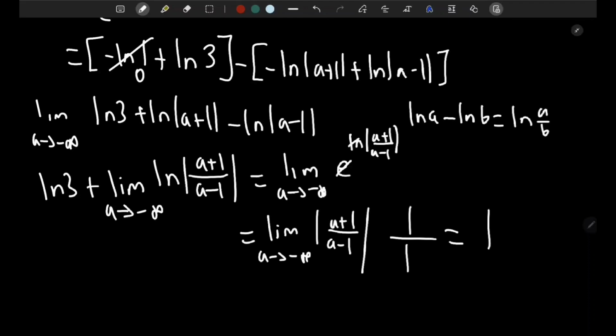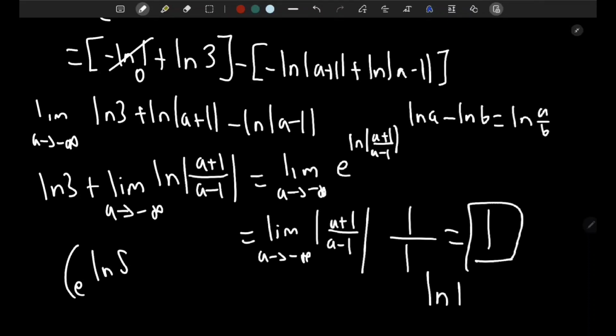And now you need to be very careful. Since we introduced an e here to cancel out the ln, we again need to add an ln to balance that e. So the 1 here is actually ln of 1. The way to think about this is, let's say we have ln 5, and to get rid of this ln we introduce an e here, so this is now 5.